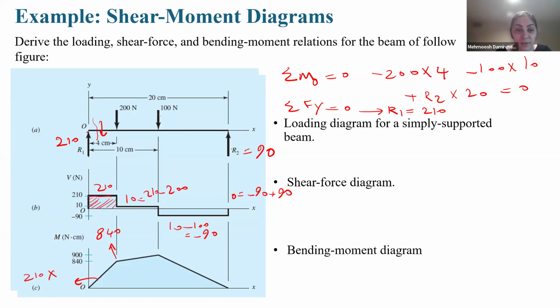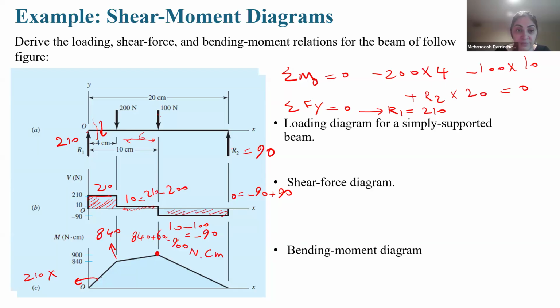Okay? From here to here, what is this area? It is 10 times 6, so this area is 60. This point should be 840 plus 60, which is 900, in units of Newton centimeter.